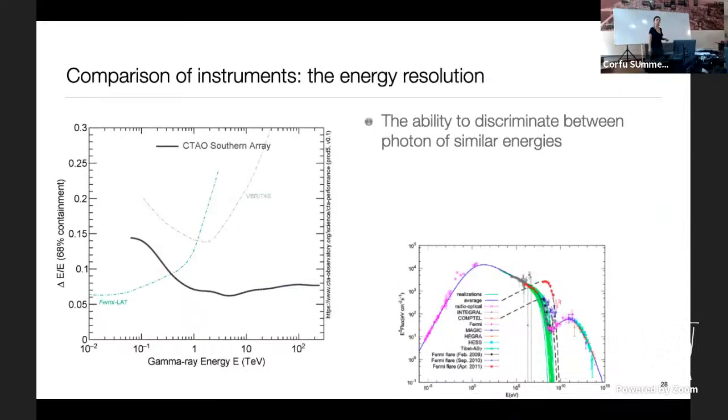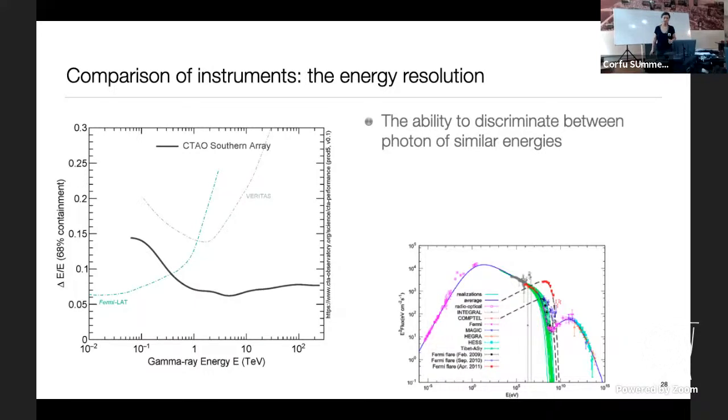Coming now to something easier, the energy resolution. The energy resolution is the ability of an instrument to detect a specific energy. It's the minimum width of your error bars when you do a spectrum.